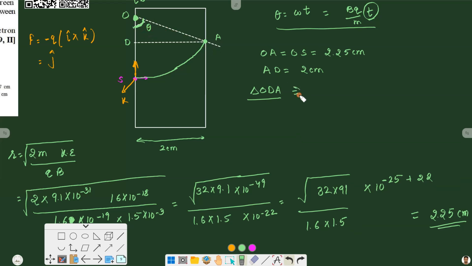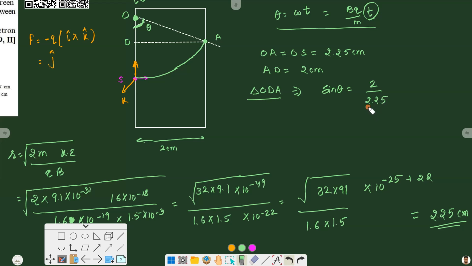So in this triangle, sine theta will be equal to perpendicular by hypotenuse. Perpendicular is AD, that is 2 centimeter, and hypotenuse is AO or OA, that is 2.25 centimeter. So value of sine theta comes out to be 2 by 2.25.